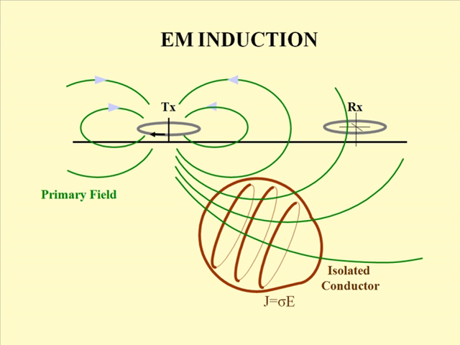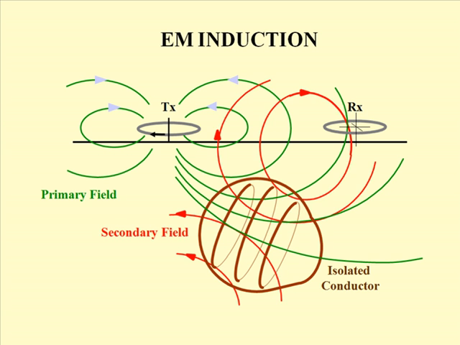And remember from Ampere's law, whenever there's a current, there's a magnetic field associated with that current, and you see that on the next slide. This magnetic field associated with the current flowing in the isolated conductor is called the secondary field, and the secondary field extends back up above the surface of the Earth, and that field can be measured by the receiver.